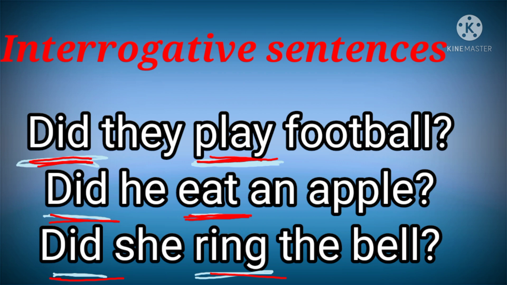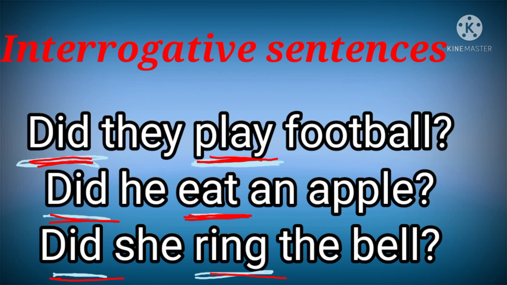What we have done here is we have divided the verb into auxiliary and main verb, that is did play is equal to played, did eat is equal to ate, did ring is equal to rang. We split that, and in between we placed the subject. Did they play football? Did he eat an apple? Did he ring the bell?